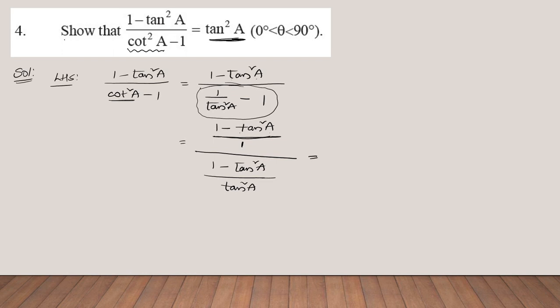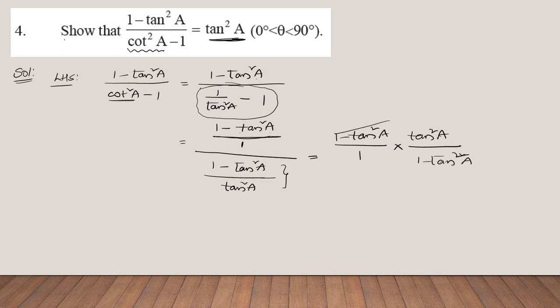Now if you observe this carefully, you have a fraction in the numerator as well as in the denominator. Then I can write 1 minus tan square a by 1 into this denominator fraction, which you can bring to the numerator by making it reciprocal. So 1 minus tan square a by tan square a, I can write as tan square a by 1 minus tan square a.